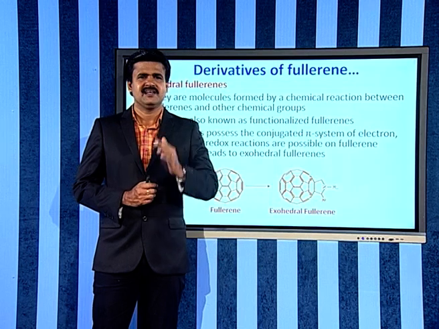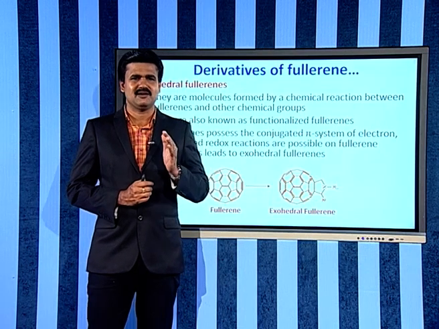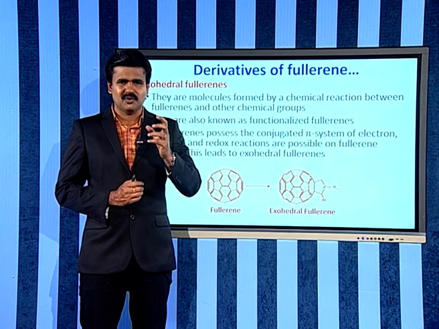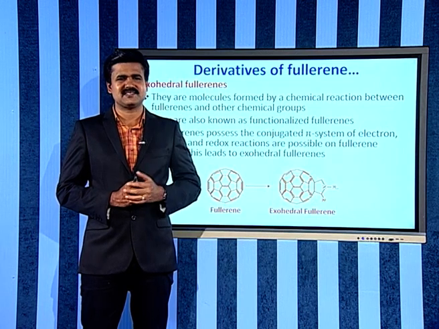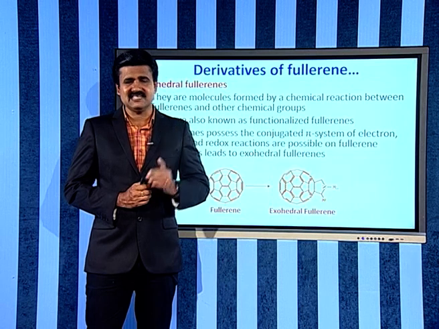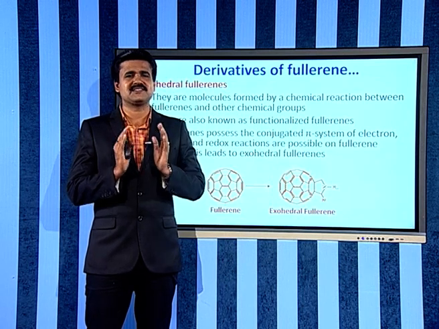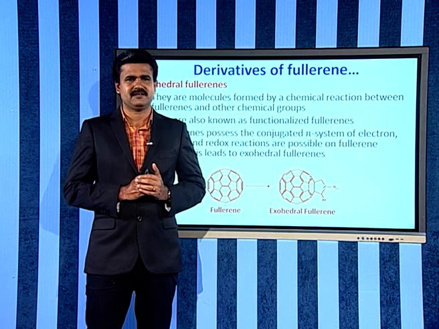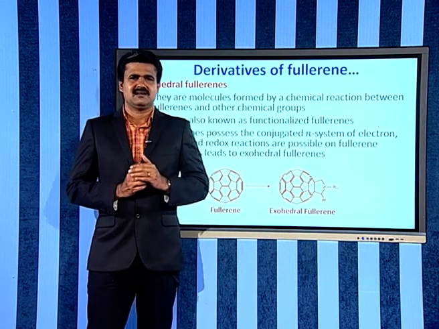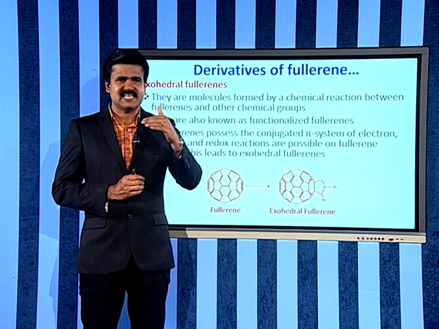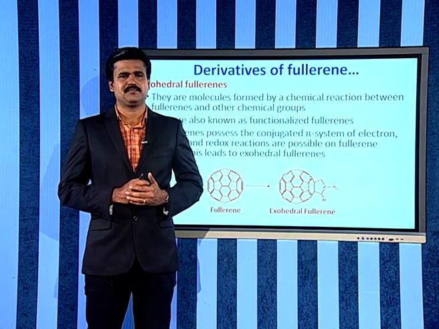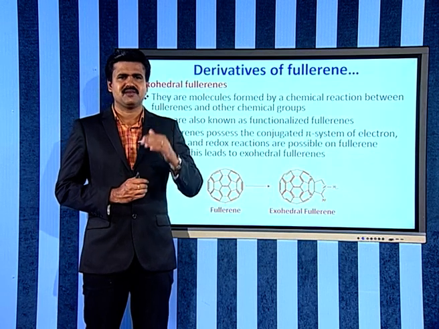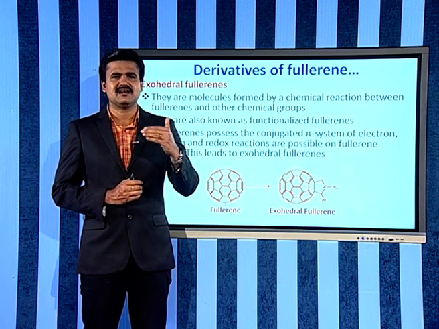As we learned, in endohedral fullerene, the groups or atoms are present inside the cavity of the fullerene. However, here in exohedral fullerenes, some atoms or groups are attached on the surface of the fullerene, outside the cavity. Exohedral fullerenes are molecules formed by chemical reaction between fullerenes and other chemical groups.